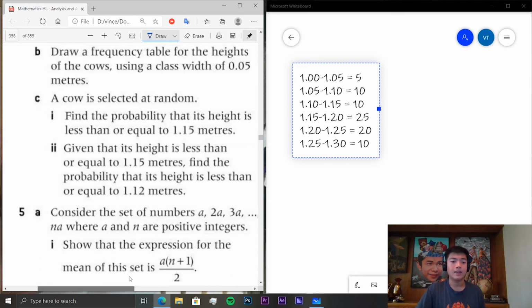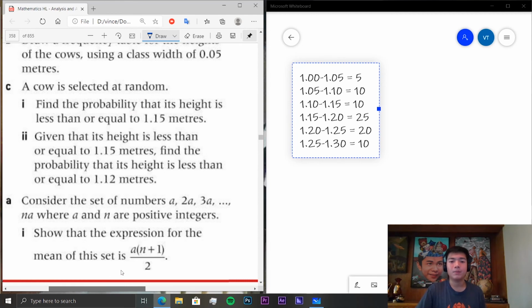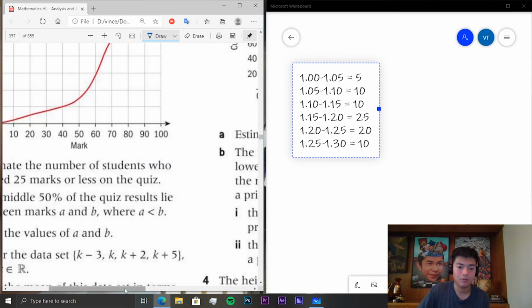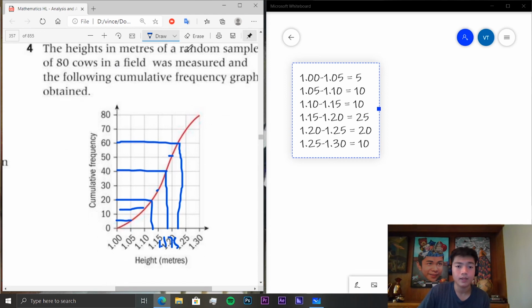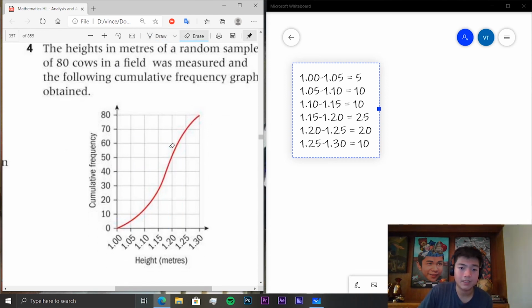Okay, next, a cow is selected at random. Find the probability that its height is less than or equal to 1.15. Given that its height is less than or equal to 1.15, find the probability it is less than or equal to 1.12. Okay. Let's erase all of these marks. So we need to get the number of elements that are less than or equal to 1.15.